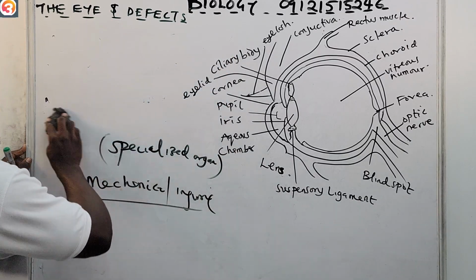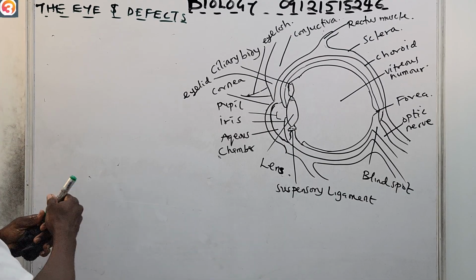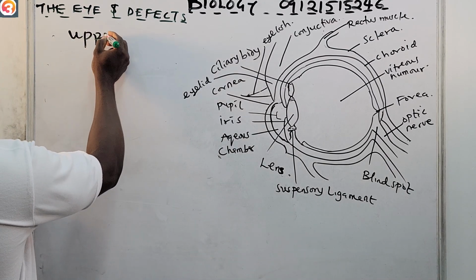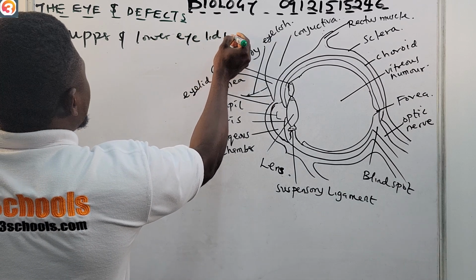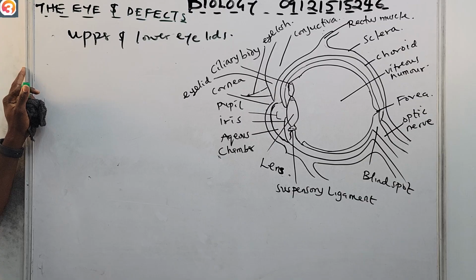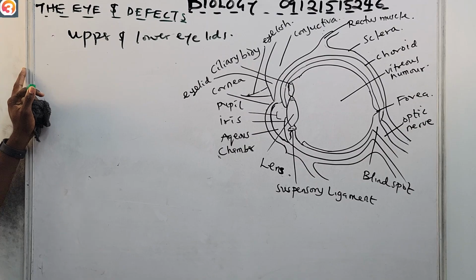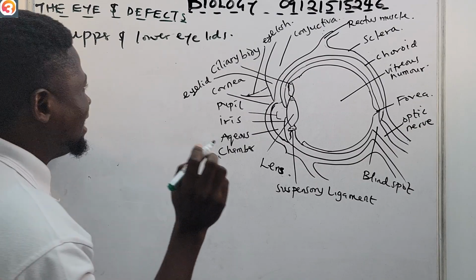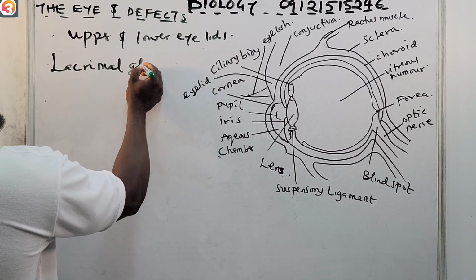It is also important to know that the eye is also protected by the upper and lower eyelids. And inside the upper eyelid, above each eye that we have, there's a gland present called the lacrimal gland.